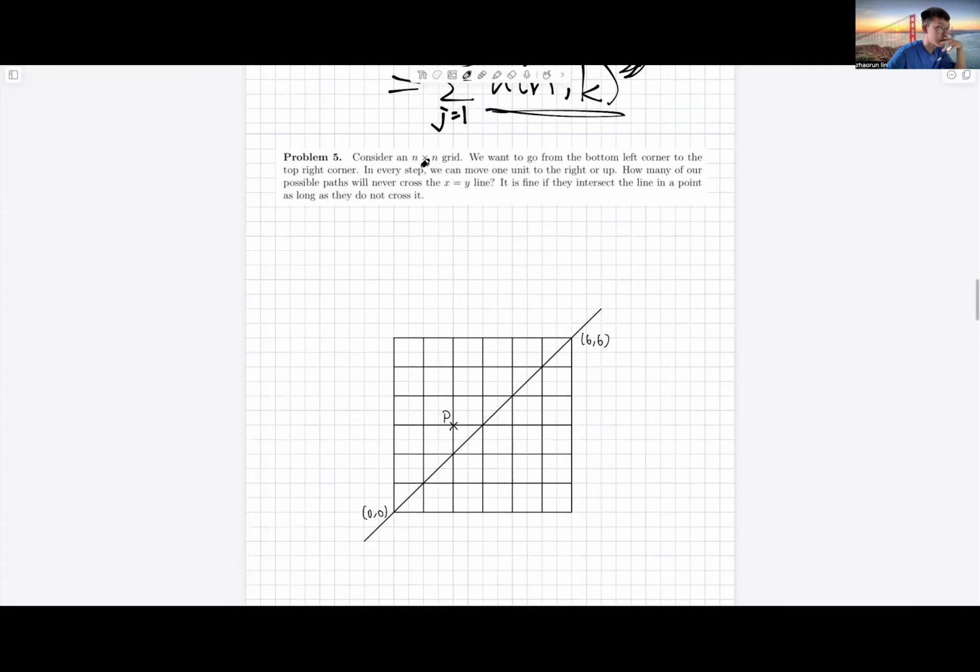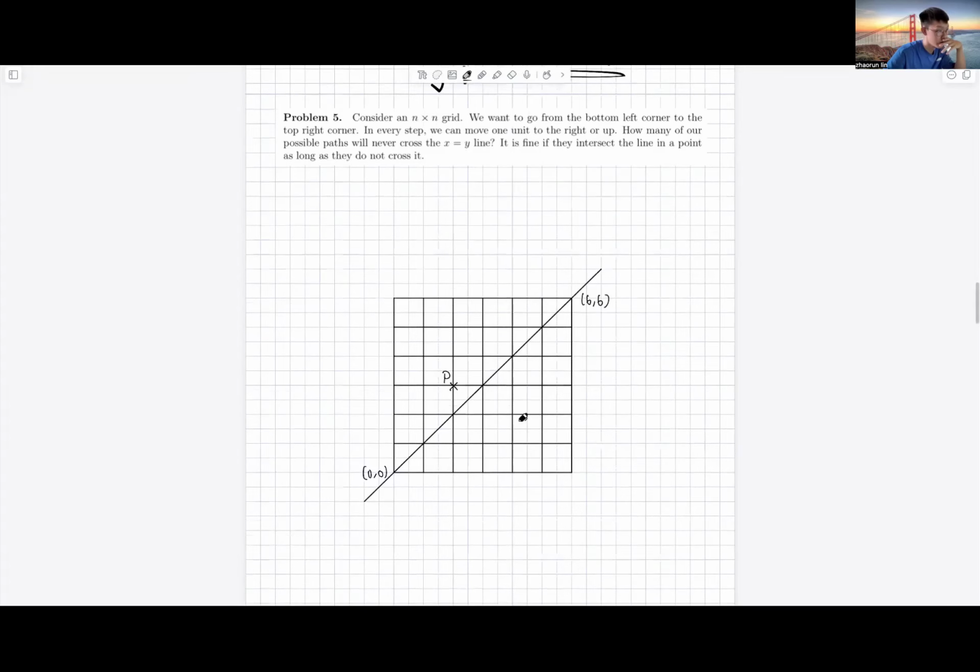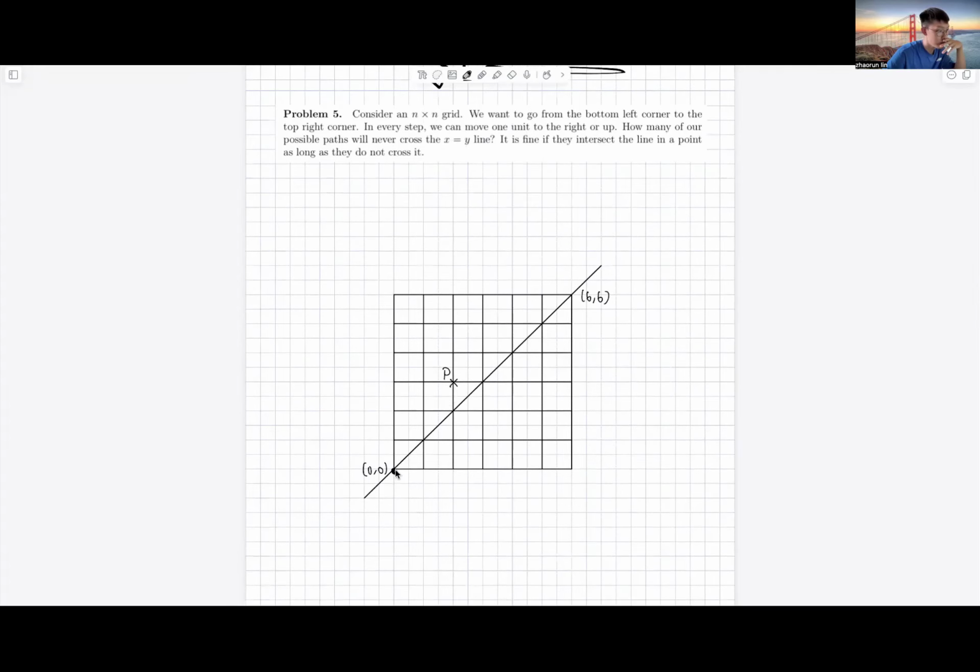Consider an n by n grid. If we want to go from this point to this point and not cross this line y equals x, how many ways can we have?